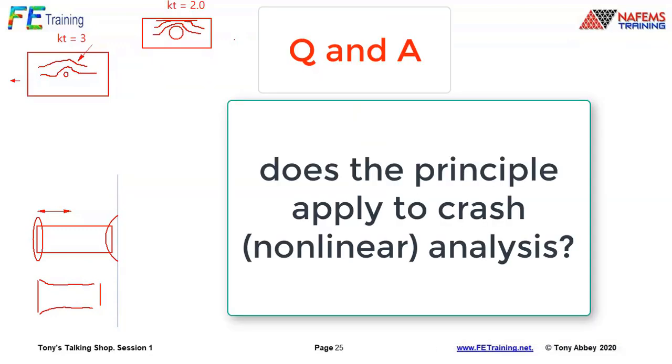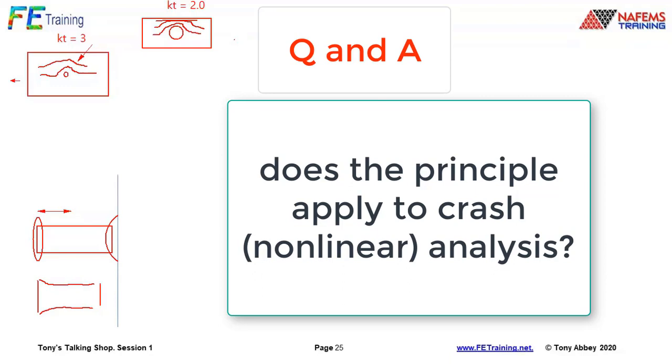Chun says, Tony, does the principle apply to high-speed events such as crash? A very, very good question. I would say we'd have to be very, very careful, because with crash, we get local stress concentrations. They will start to go plastic. We're forming plastic hinges, and our configuration starts to change.